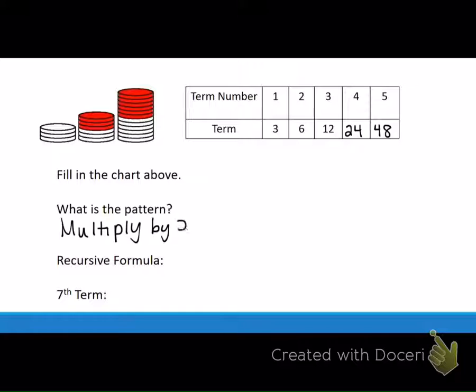Again, these formulas will also be given to you on your test. So it wants the recursive formula. Okay, what is the recursive formula for this, Josh? So G sub 1 equals 3, then what?